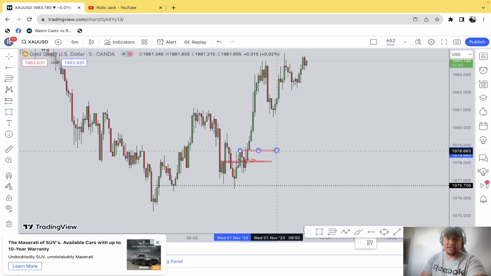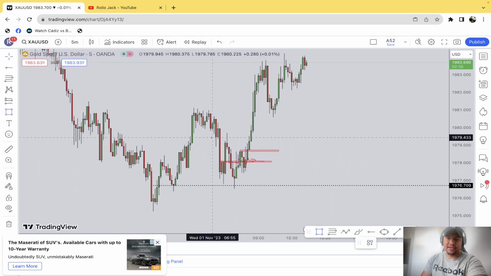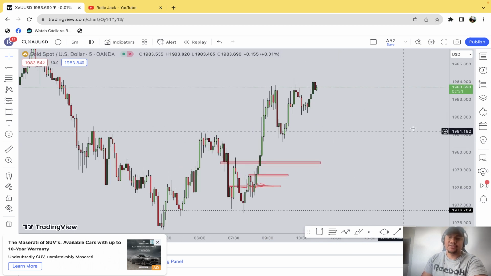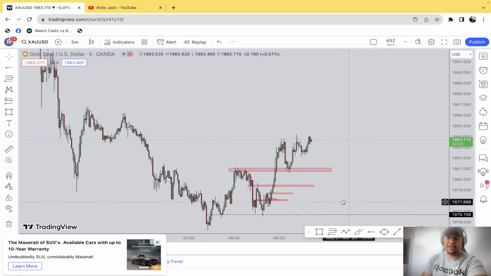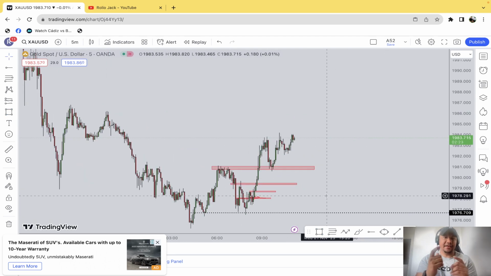Here we would have gotten also a break above that. That would have been a good entry there. Here we also have structure that got broken as well. So the important thing is, and here you can see is another good example of structure being broken, and these are how you basically scalp gold up and down, especially when it starts to range.